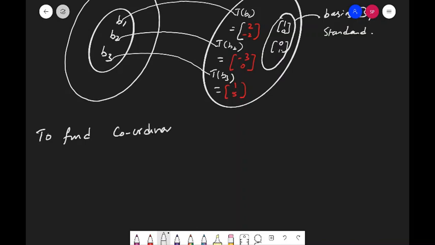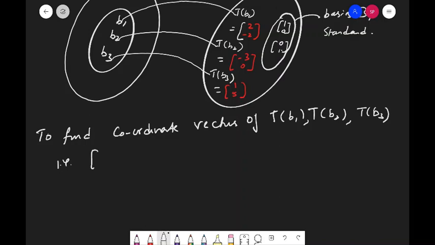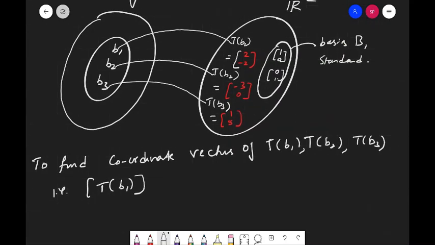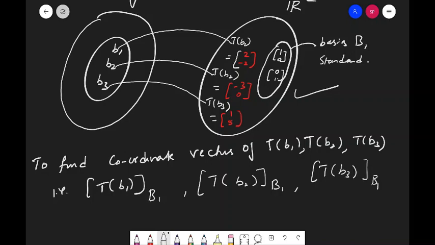Now the next task is to find coordinate vectors of T of B1, T of B2, T of B3. That is, the coordinate vector of T of b1 with respect to what basis? Where is T of b1? T of b1 is there in R2, with respect to basis B1, and the coordinate vector of T of b2 with respect to basis B1, and the coordinate vector of T of b3 with respect to basis B1.